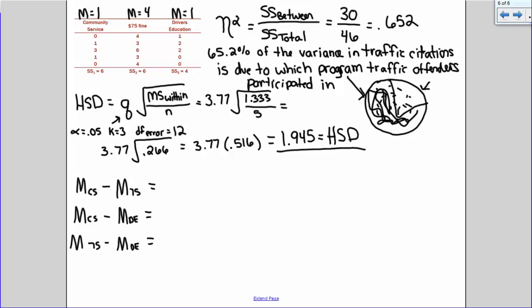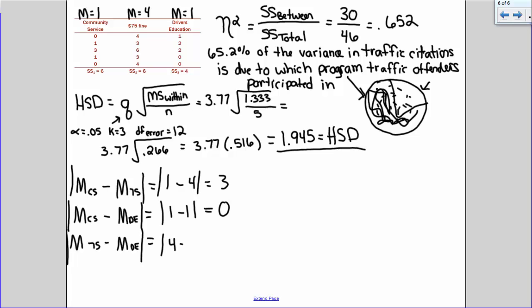And remember, we're just looking at the absolute difference. We don't really care about positives or negatives at this point. So community service, 1, $75 fine, 4. Oh, we don't need an absolute value there. All right. Community service, 1, driver's education, 1, $75 fine, 4, and driver's education, 1.